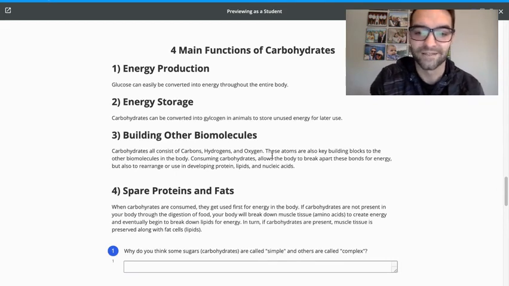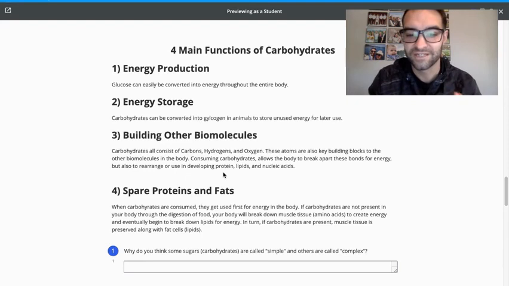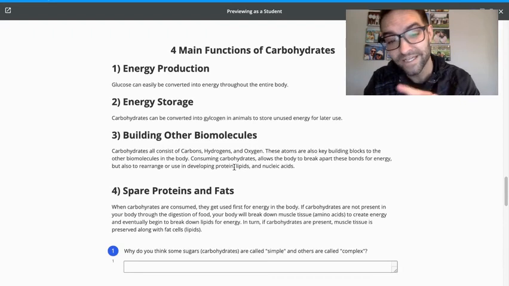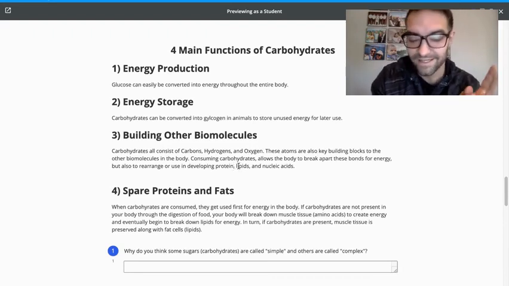This allows our body to break these bonds apart, rearrange them, and then excess carbons, hydrogens, and oxygens can be used to form the protein amino acids. It can form lipids, which arguably is a good thing in some cases, and probably not as good of a thing in some cases.